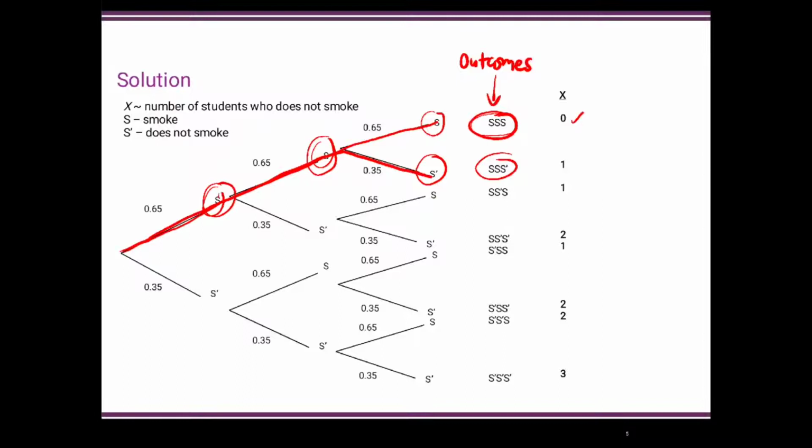Let me show another example. Let's say you follow these branches, so you have S prime, S, S. That's how you read your tree diagram.